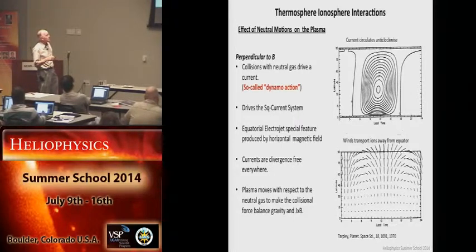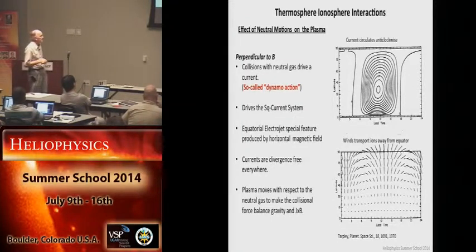We just saw that from our simple considerations. And so if you know the current looks like this, you can ask what kind of relative neutral-ion velocity I would need in order to produce this current. You can do calculations like that, and this is the wind system that results from trying to reproduce this current system. And the winds circulate in this manner.